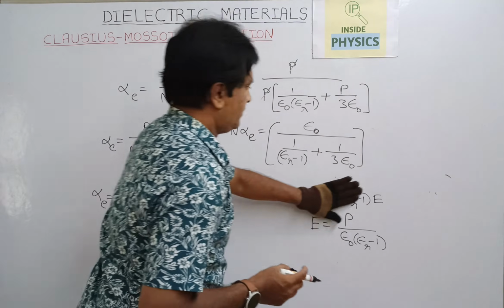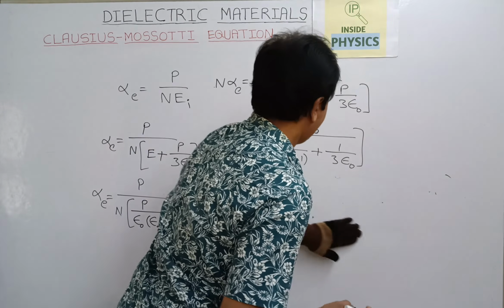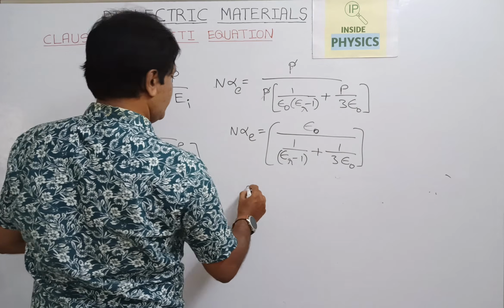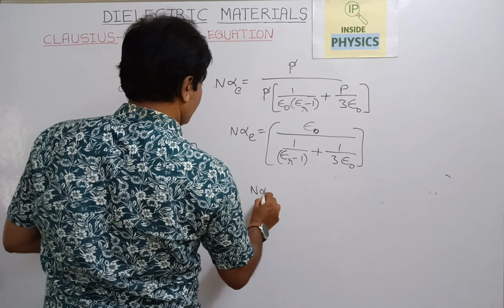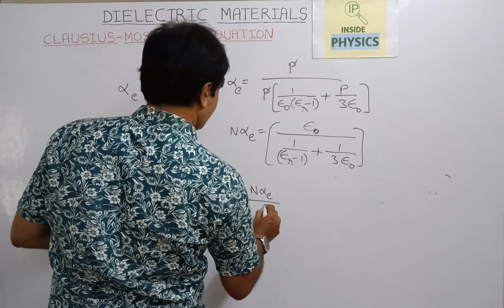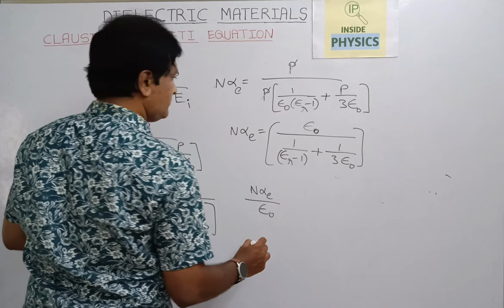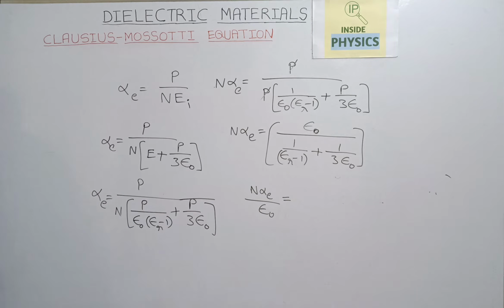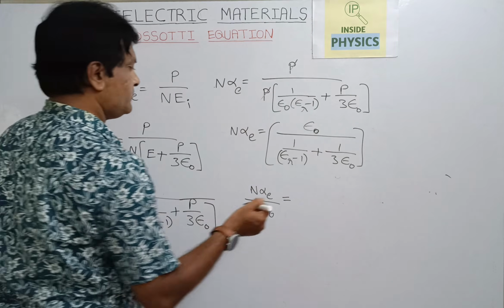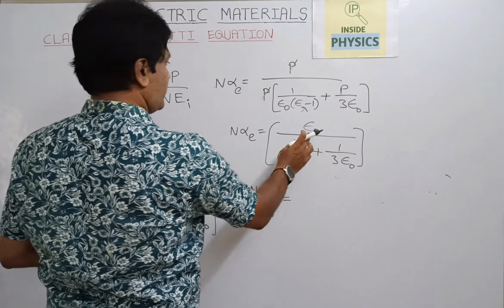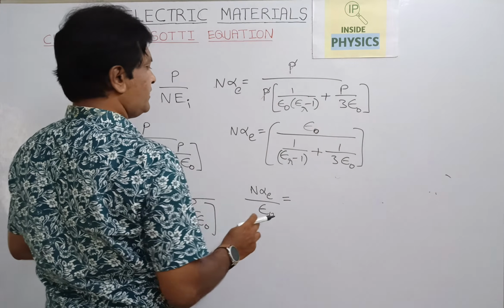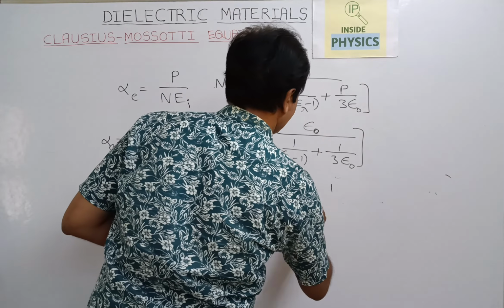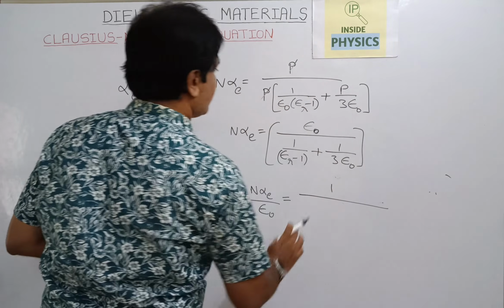Further moving to the next steps, this epsilon naught will come to the left hand side. So this will become N alpha e by epsilon naught is equal to, see, this one is coming to the left hand side. Here we will take the LCM.